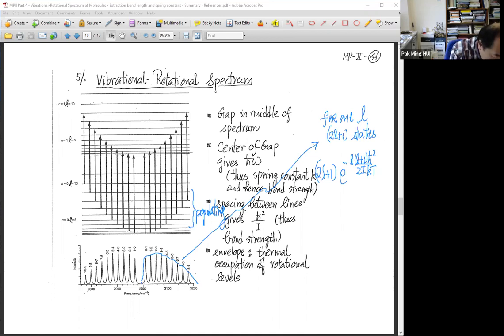So now you see two factors. The first factor, the 2L plus 1, increases with L. The second factor, the exponential, drops with L. So I'm putting these two things against L. Therefore, you will have something like that as a function of L. That is how the molecule will populate.